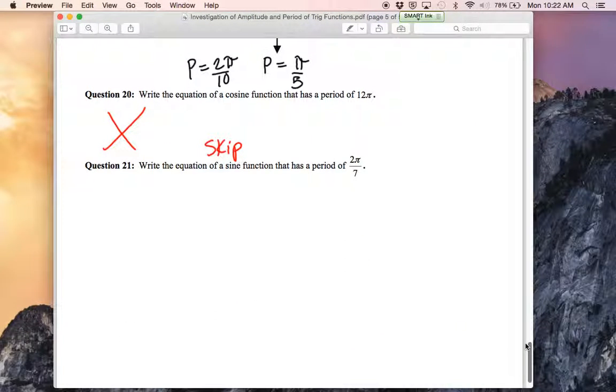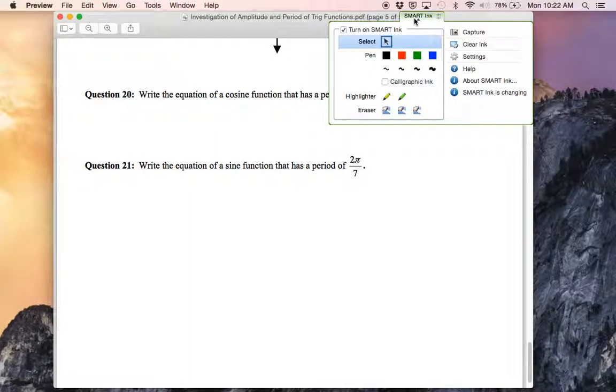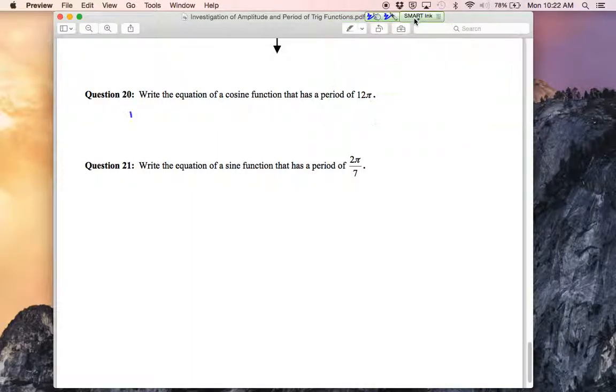All right, write the equation of a cosine function that has a period of 12 pi. So remember that our formula is that period equals 2 pi over k. K is that value in front. Well, we don't know the k here. Here we know the period. So I'm going to say 12 pi equals 2 pi over k. I'm going to solve for k. So times k, cancel.